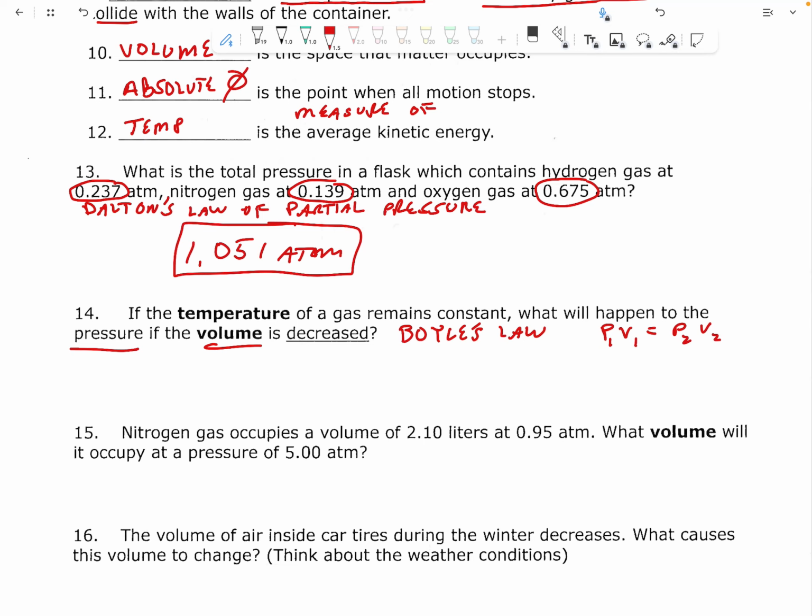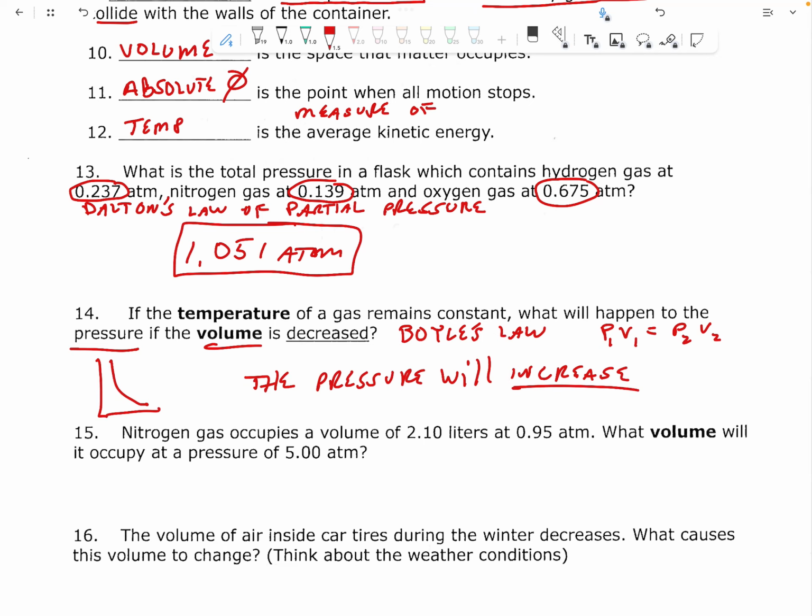That is an indirect law, inverse. The graph looks like this. So if the volume is decreased, the pressure will increase, okay? If one does one thing, the other does the other. One goes up, one goes down. So, one increases, one decreases.